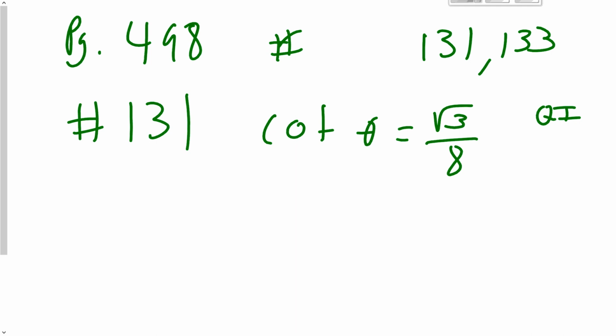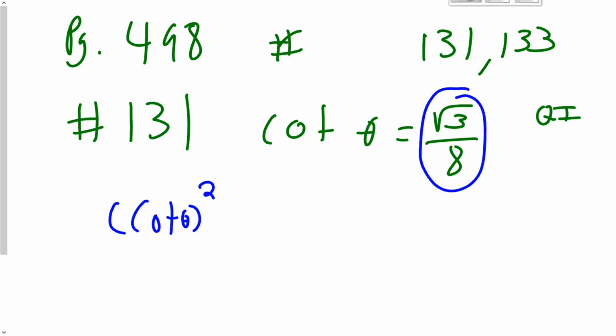So you could use your x over r, but they want you to practice with those identities, right? So we do have a cotangent identity, and that is cotangent squared. You can put the squared here, or you can put the theta and then put it in parentheses and square that. However best you understand it, right? You're not squaring your angle. This has nothing to do with an angle that you're squaring. You're squaring what cotangent is.